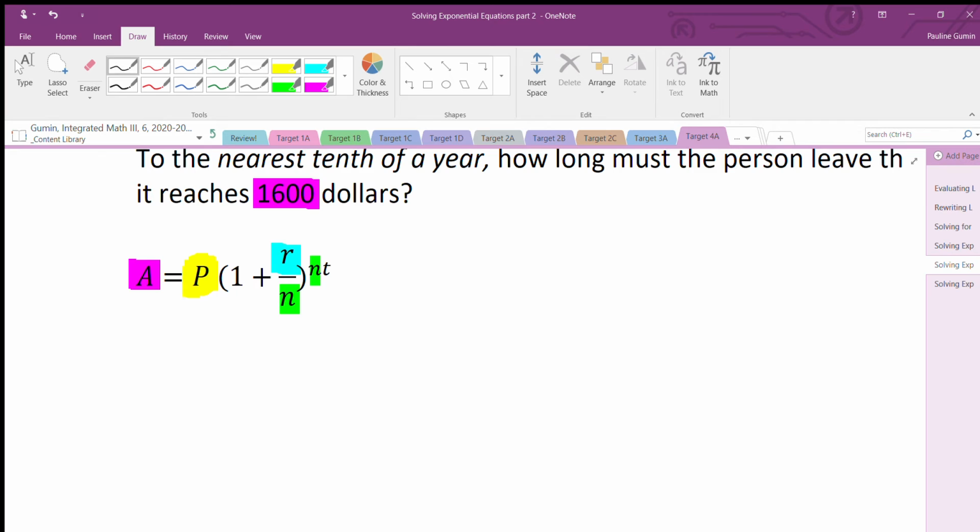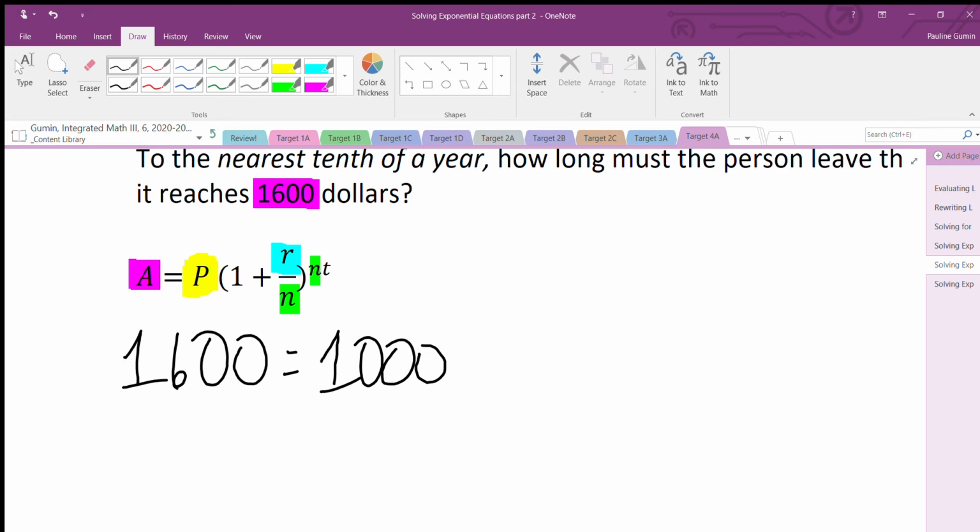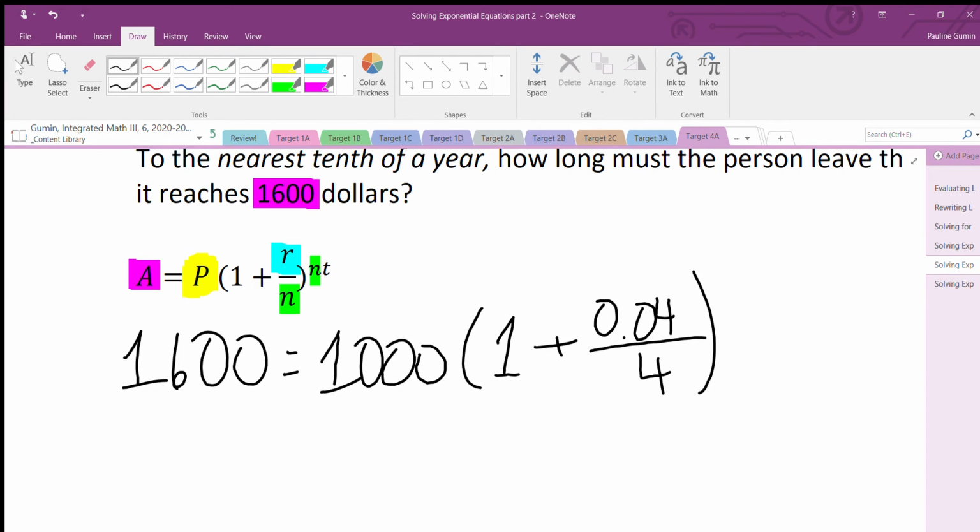When we put in a rate, we need to put it in decimal form. So 4% is 0.04. And quarterly means 4 times a year.